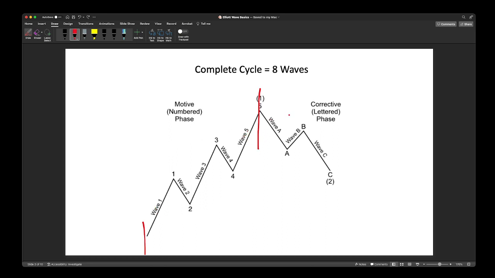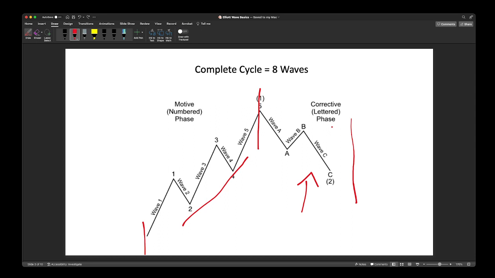Now let's talk about this section here. This is your corrective phase, the phase in which you retrace this information. Usually made up of 3 waves. 1, 2, 3.